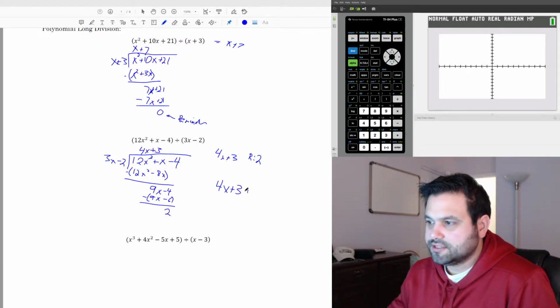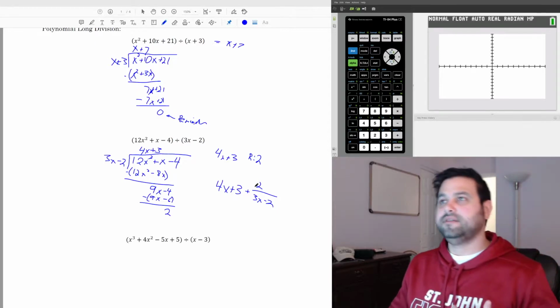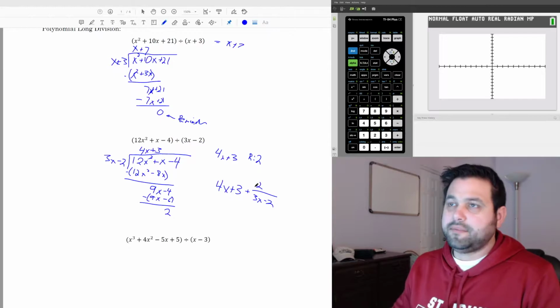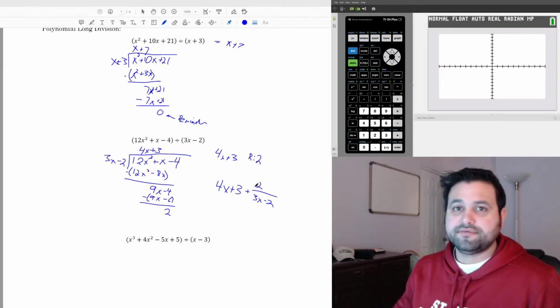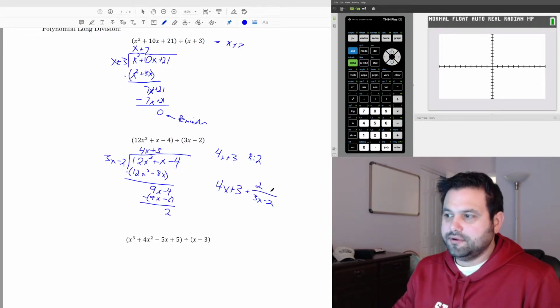So plus 2 over 3x minus 2. Okay, because that's what a remainder is, right? If you're dividing by whatever number, if you're dividing by 7 and you get a remainder of 2, you essentially have 2/7 left. Okay, and so that's kind of what we do there. We put 2 over what we divided by.